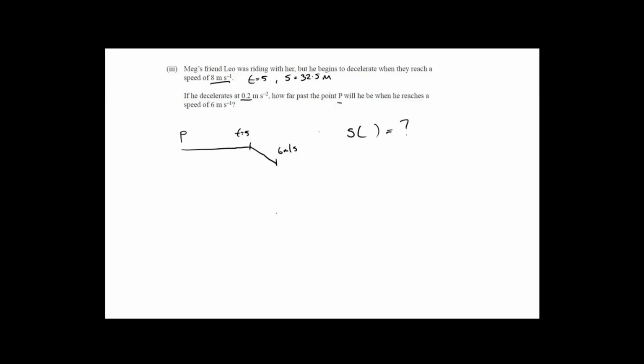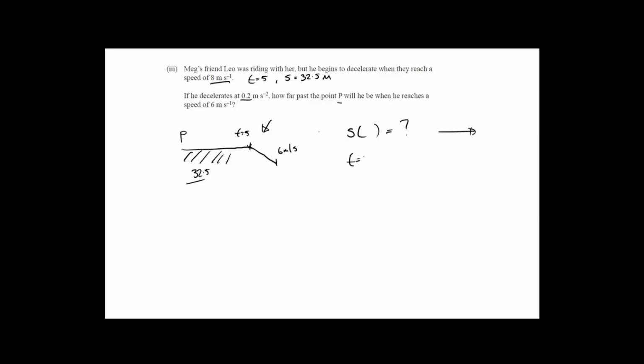Okay. So first off, we need to work out when he is going to be at that velocity. And for this, I'm going to ignore this bit here because we know that this is 32.5. And we're going to presume that it's in one direction. So it's not coming past back again. So we're going to take this t0 as being when he starts decelerating.